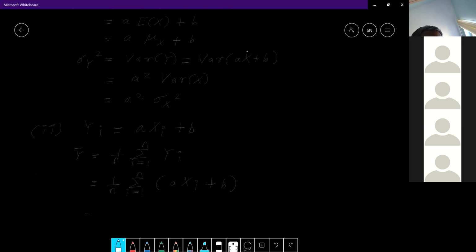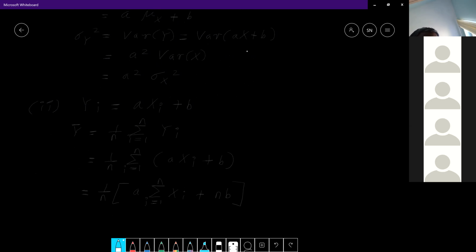Right, now, because a and b are constants, you can do the following. You can write this as 1 over n times a times the sum of xi. Now the sum of b is simply n times b. Okay, so this becomes a times 1 over n times the sum of xi plus b.